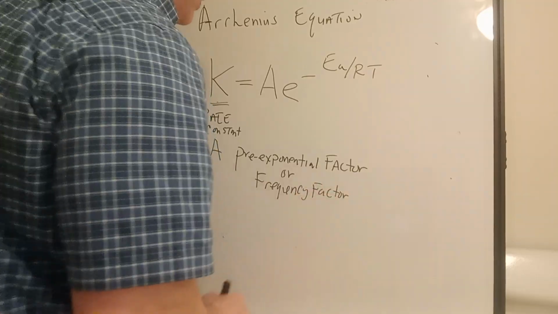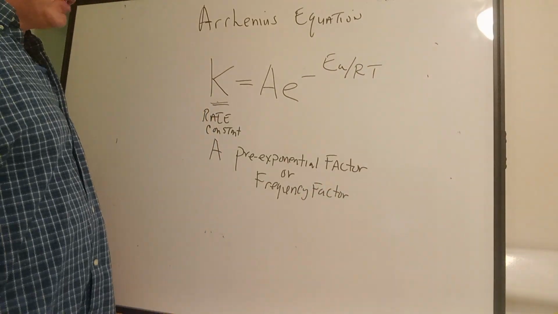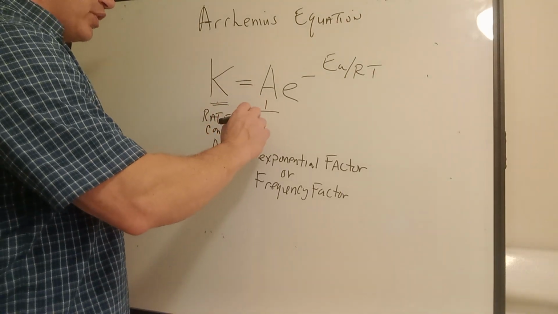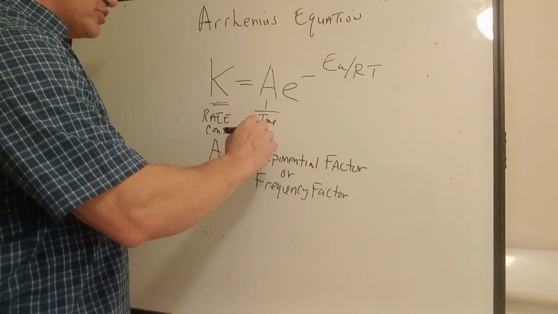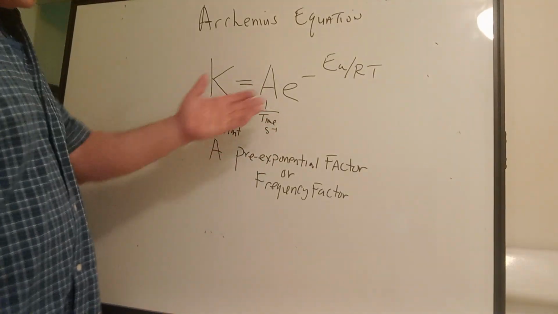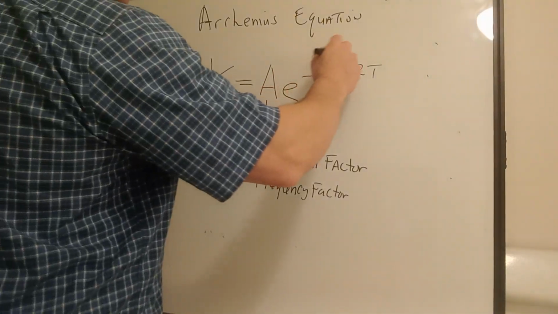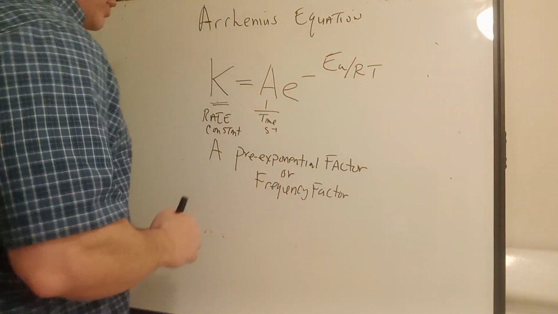It will carry the units of the process we're studying. For studying first order, this will have units of 1 over time, such as inverse seconds. We have the exponential function e. Inside that lowercase e, the exponential function, there's another e.